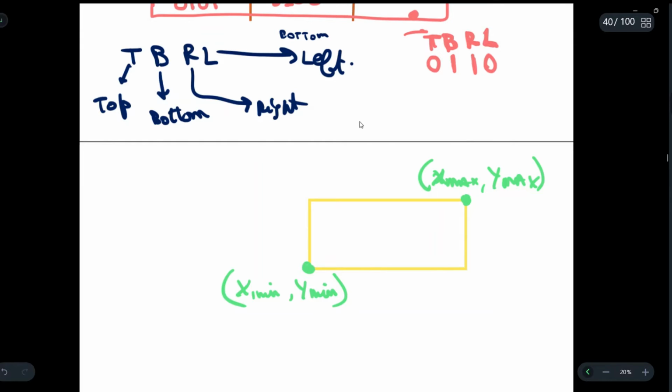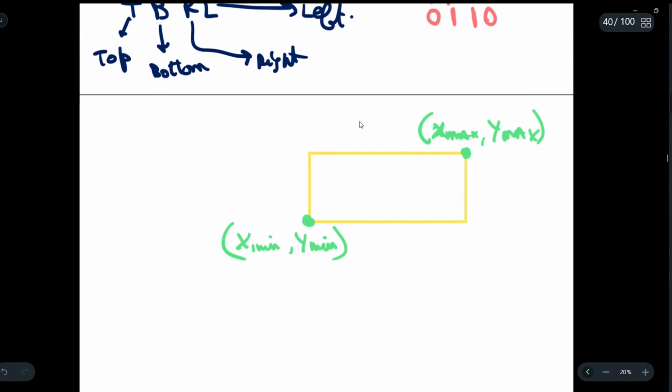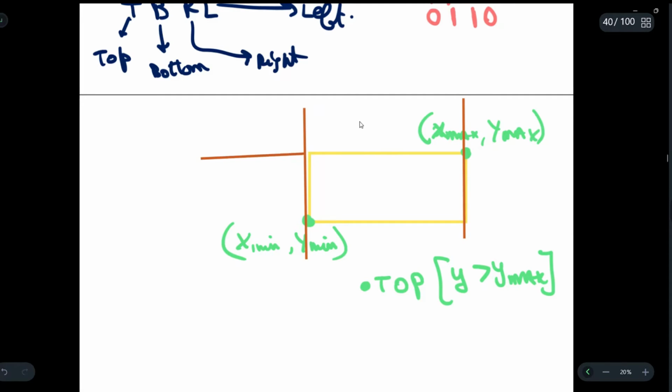Now, for a point to lie on the top, the y coordinate of that point should be greater than y max. Let me draw the lines again. So these are the lines that we have for the polygon.